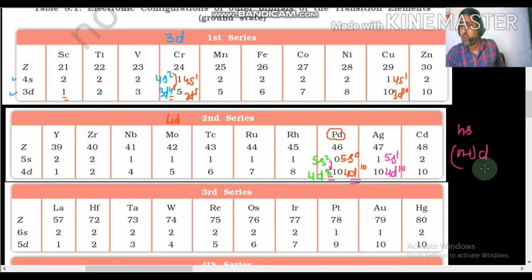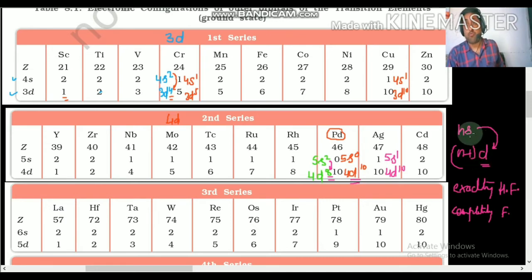And in order to make the d either exactly half filled or completely filled, they can take this risk. The s electron gets transferred to the d subshell. Although they have to counteract the pairing energy, the exchange energy may help them in this endeavor.